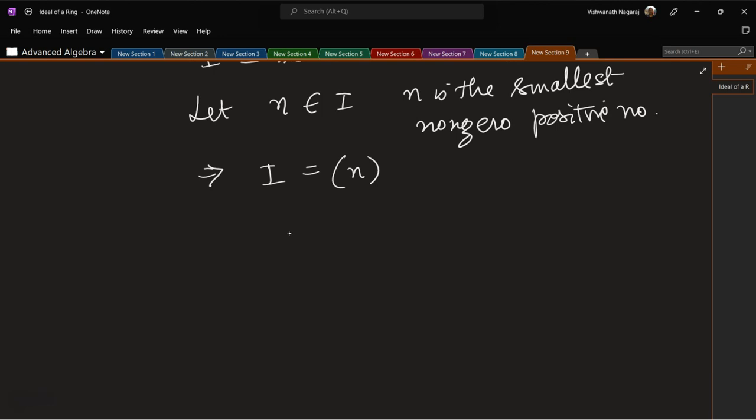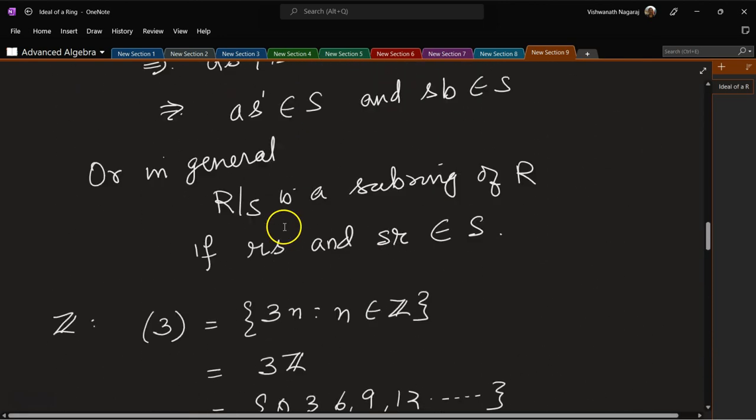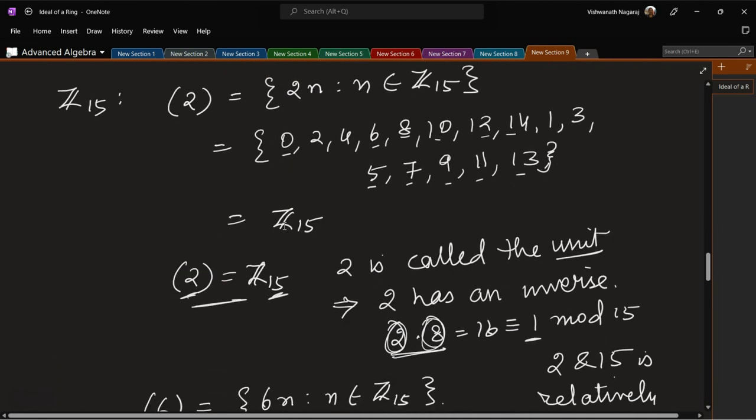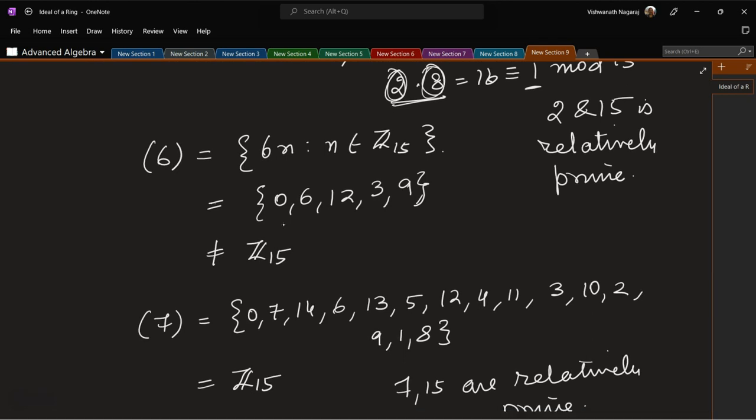Now remember, we have already seen that we have generated some ideals with respect to some rings. So we know that the ideal generated by n would be a subset of I. If we go back, you will notice here 2 generates the entire ring, but there are other elements which generate a subset.